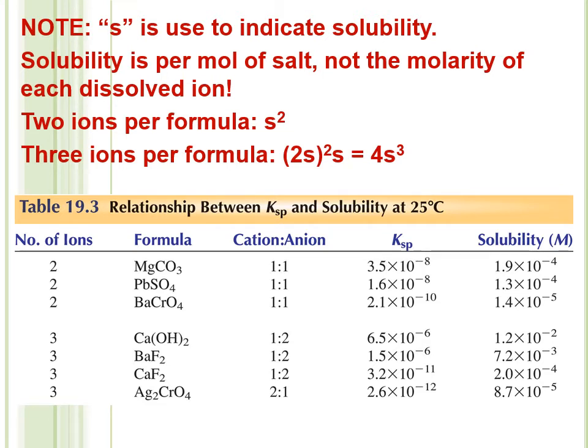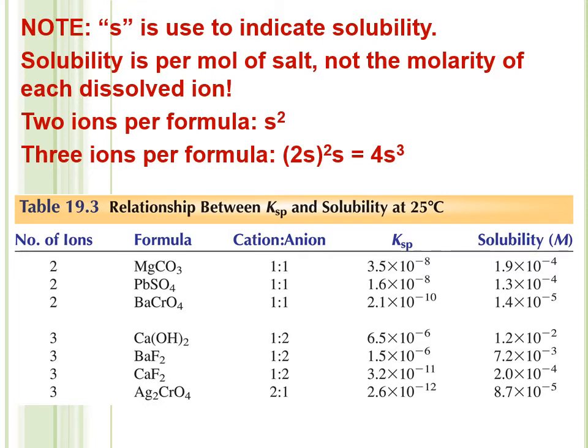So 2 ions per formula is going to be S squared, and when we have 3 ions per formula, it's going to be 2S squared multiplied by S. That would become 4S to the power of 3.